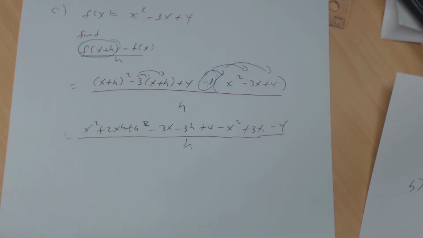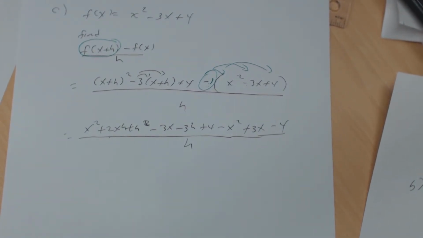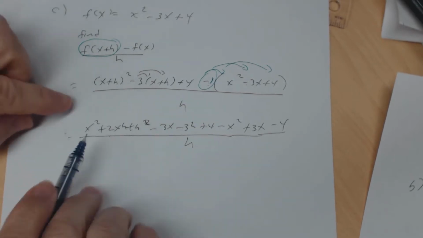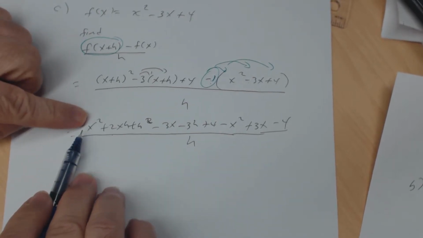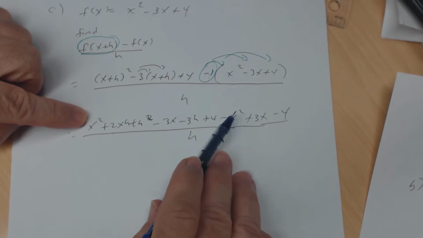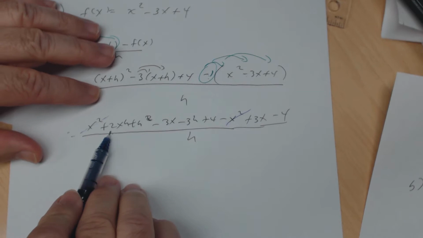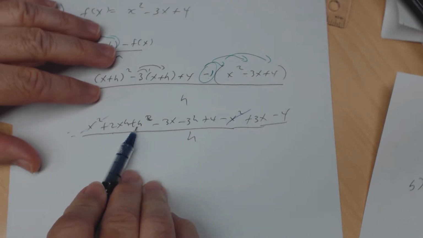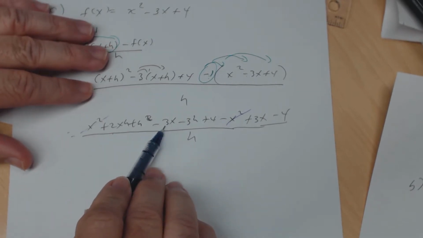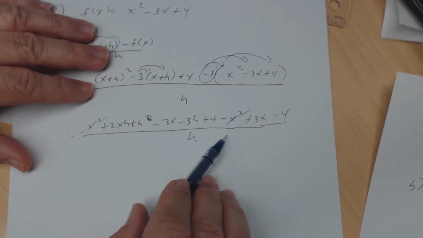All right, now look at this. Remember what we talked about. If you're doing this correctly, every term that does not have a factor of h should cancel out. So you see this x squared? There's no factor of h. So there better be a negative x squared somewhere, and it is. It's right here. So those cancel out. This has an h in it, so it's going to stay. This has an h in it, so it's going to stay. See this term? There's no factor of h. So its opposite better be somewhere else, and it is.